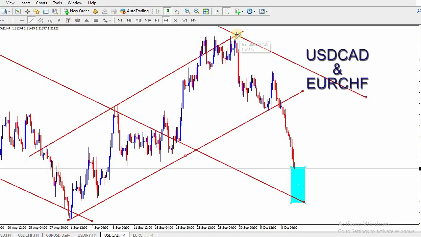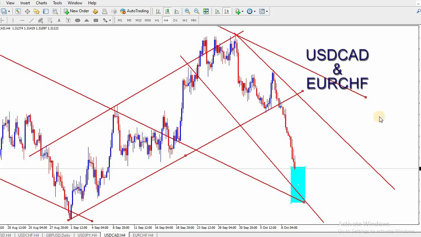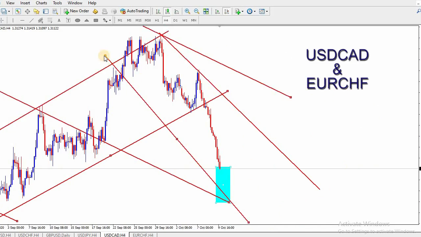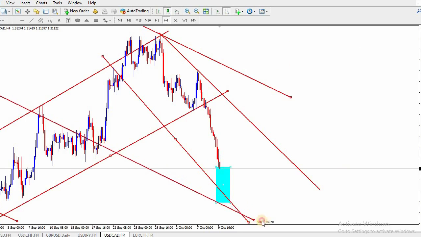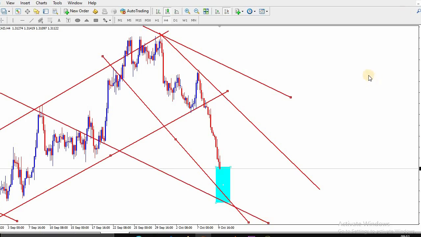So all we need to do is wait for the price to get to this point. Now, like I said in my last video, you do not tell the market where it is going. The market goes where it wants to go, and all you have to do is follow the market.